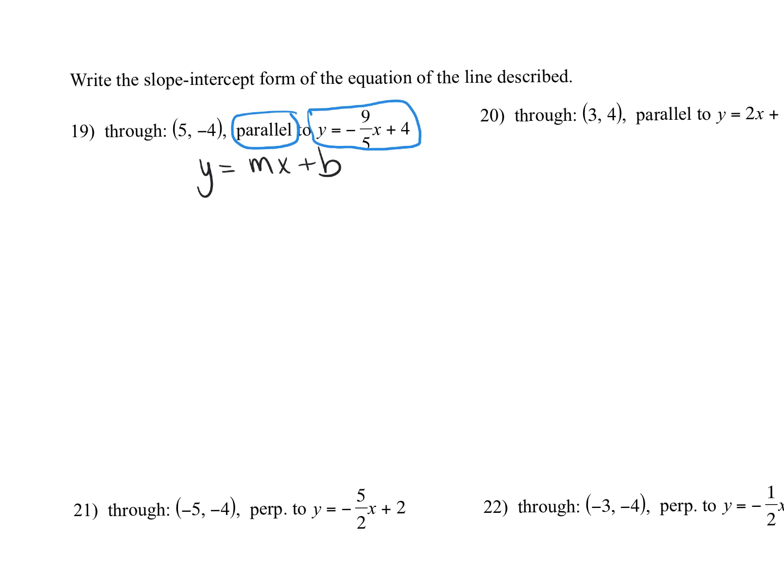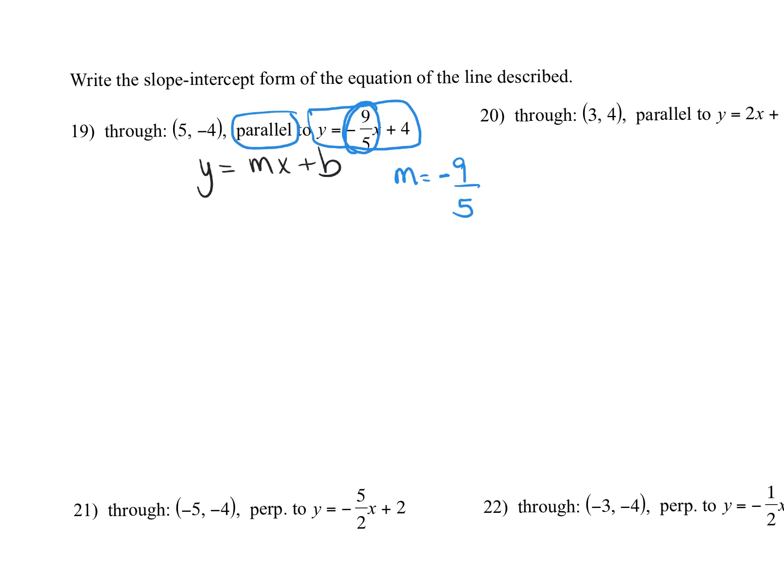So if we look at our equation, you can see that my slope is -9/5. Now the key word in this example is parallel.